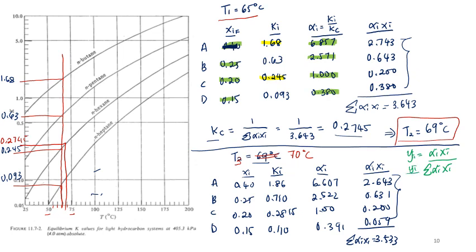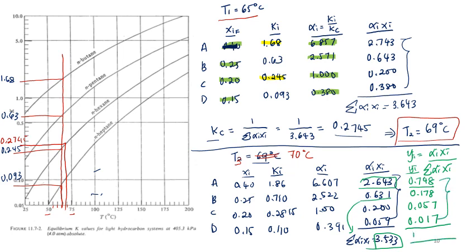So ya is this value divided by this value, so you get some number. In this case it is 0.748, and then for yb you do the same, this value divided by this, and it's 0.178. Then yc is 0.057, and yd is 0.017. So be careful, and just to be sure, you can check if the summation of yi is equal or close to 1. Alright?